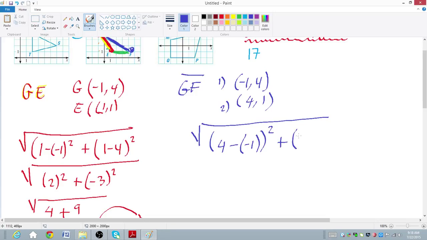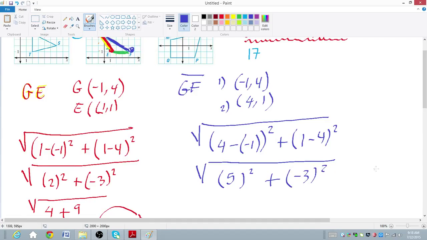Well, y2 is 1 minus y1 is 4, squared. Now work it out. Square root of 4 minus -1, that'd be 5, right? 4 plus 1, that's 5. 5 squared plus, well, 1 minus 4, that's negative 3 squared.